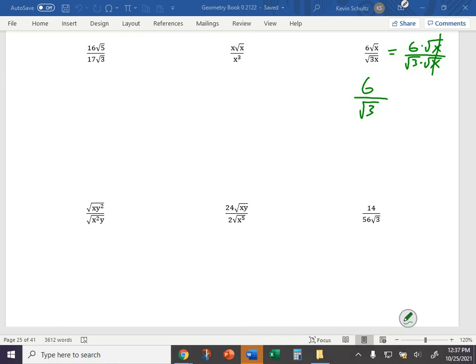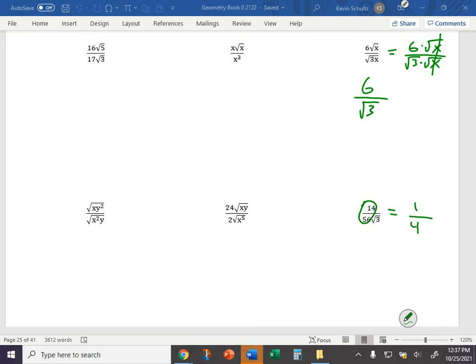Sydney. 14 over 56, we can divide both by 7, and that gives us 2/8, which we can simplify further to be 1/4. Okay?